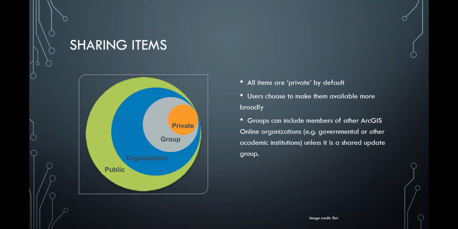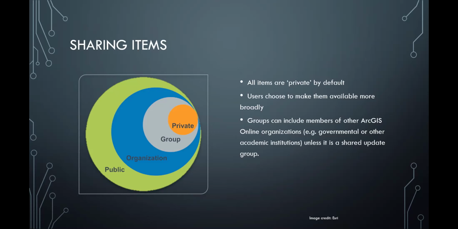Groups can include members of your organization or members of other organizations across the platform. So if you know someone at a state agency, a local government, or a federal agency that is on the platform, you can share items with them in a more restricted way than just sharing it publicly. The only thing you can't do for a shared update group right now is add a member outside of the organization you're a member of. So that's one thing to keep in mind.